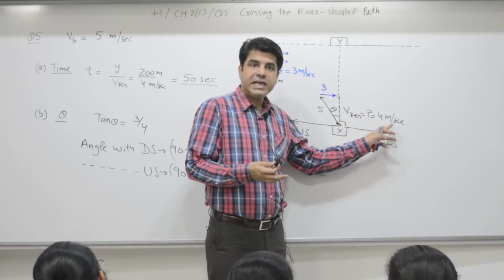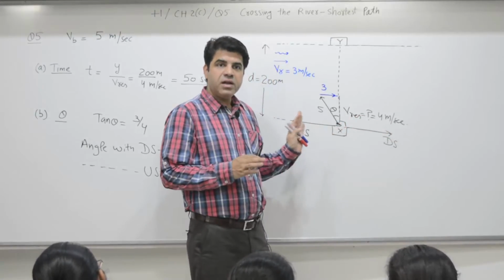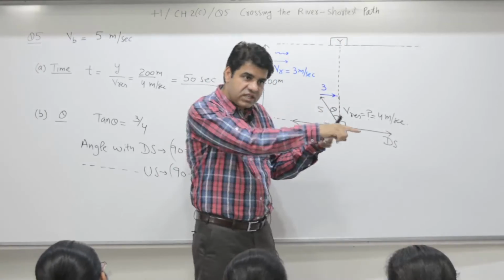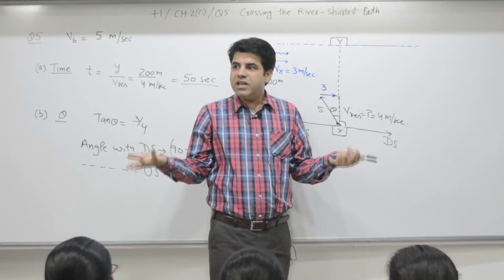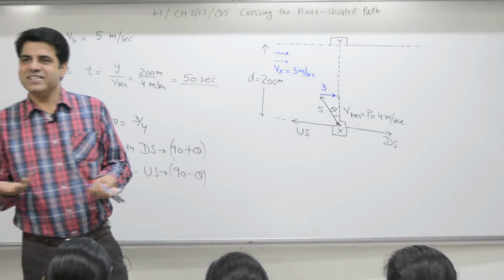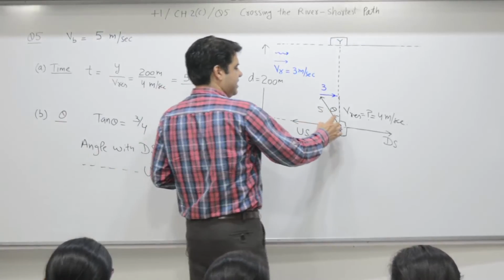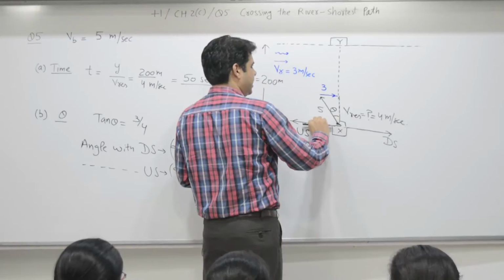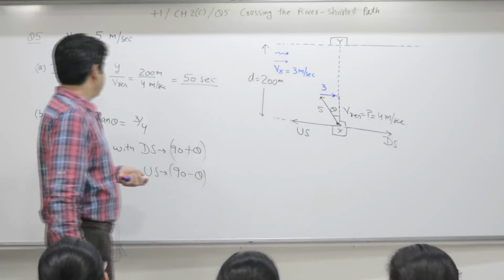Upstream is also available. Do you have a line on the water itself? This line, do you have this line on the water? It is not available. It is nothing. It is only for theoretical purposes. That is why it is better to define it in terms of angle with the downstream or angle with the upstream. Time with you is 3 minutes.